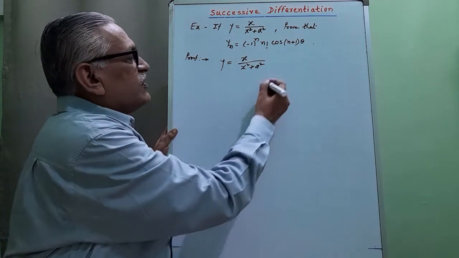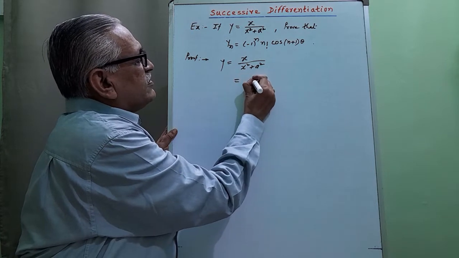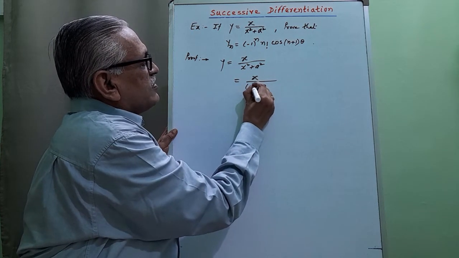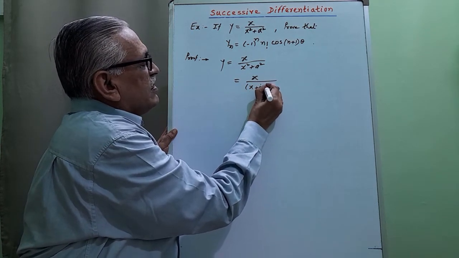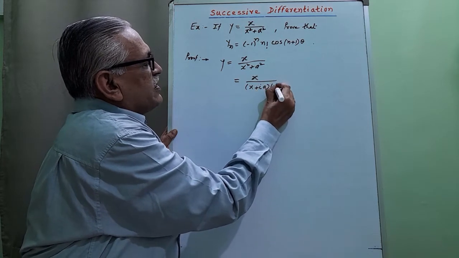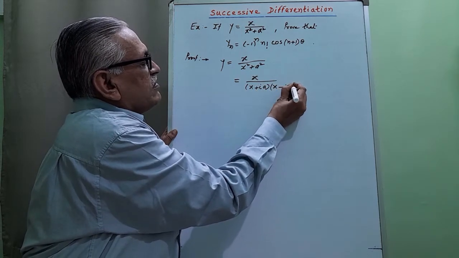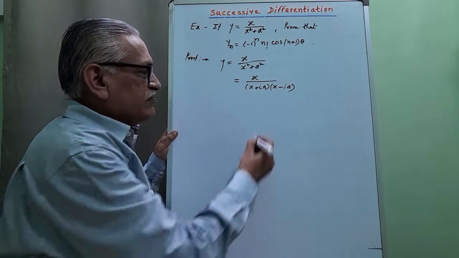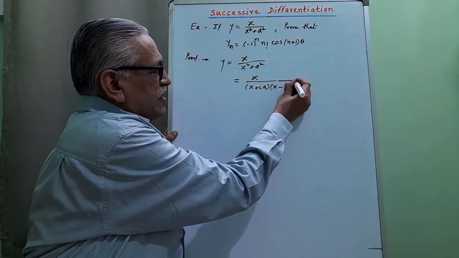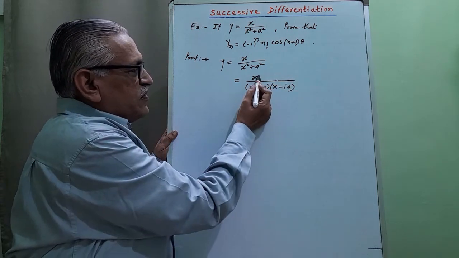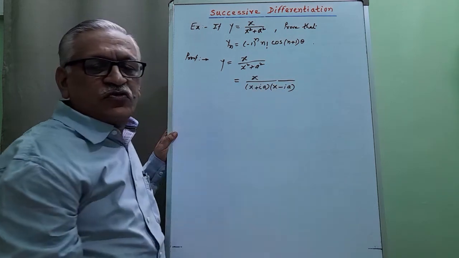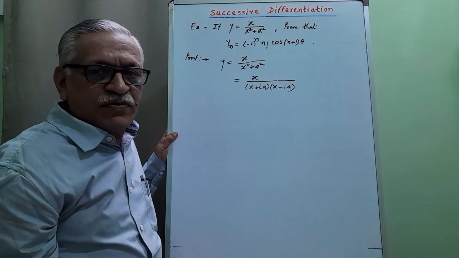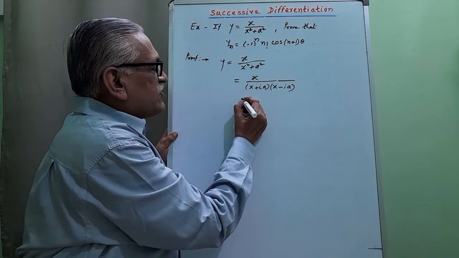Making factors of x square plus a square, we get the factors as x plus ia and x minus ia. Here the factors are imaginary or complex numbers. The degree of numerator is 1 and the degree of denominator is 2. 1 is less than 2, which means it is a proper fraction.